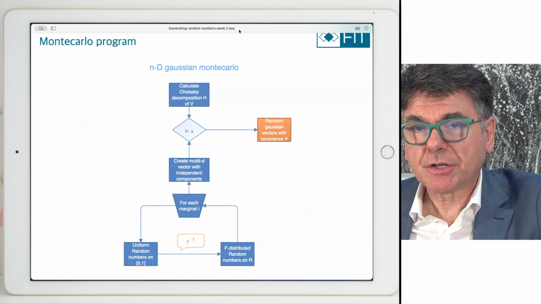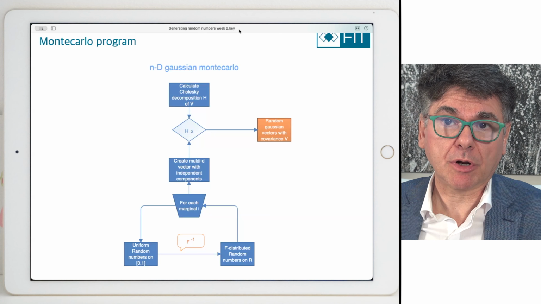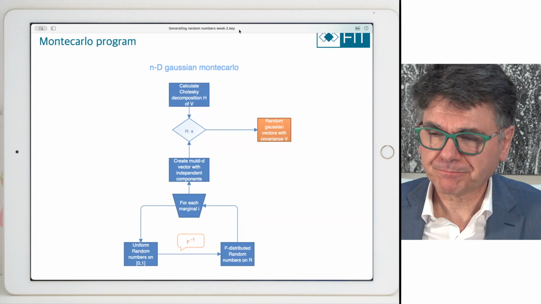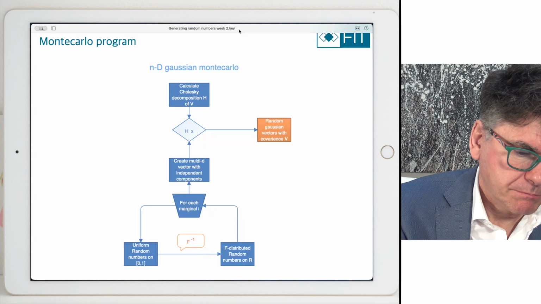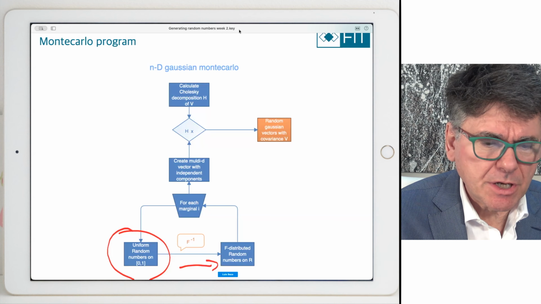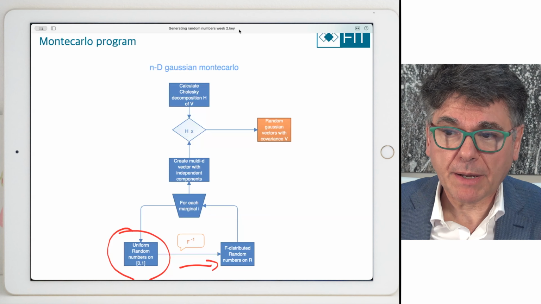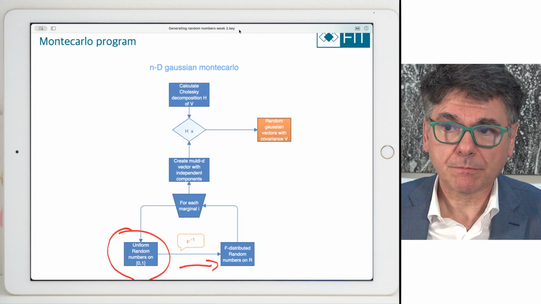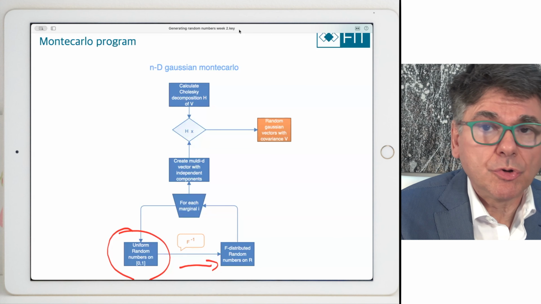And then this turns into the following algorithm. This is the n-dimensional Gaussian Monte Carlo algorithm, where we put all of these things together. It all starts with how I started my lecture today: in one dimension, I can generate numbers which are distributed according to a Gaussian or whatever you want by mapping them through the F inverse. Now, you do this for every marginal, generating your components in this way.